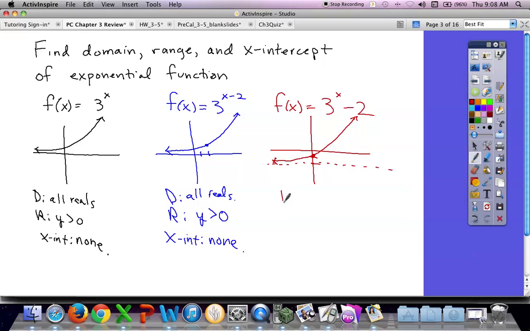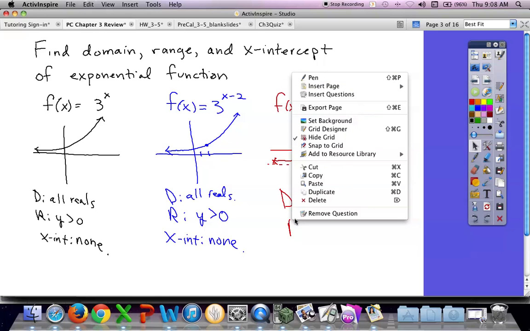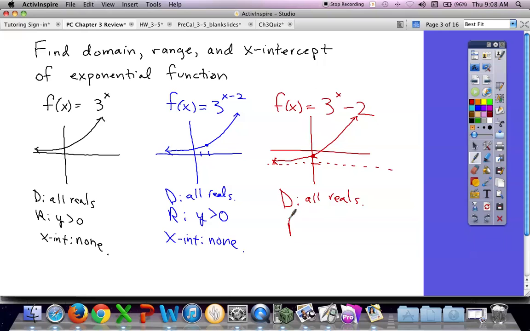Okay, so now, what is the domain? It's still all real numbers, still go side to side, all reals. Right? What is the range? Y is greater than -2, right?